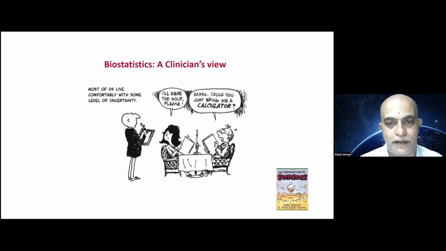As Professor Sudha Madam so elegantly told, there is a cold war which goes on between clinicians and statisticians. While most of us are used to living comfortably with a certain level of uncertainty, we intuitively use statistical methods for our daily decision making. Still, there is a certain feel which is distant and maybe unclear with regard to clinicians and statistics.